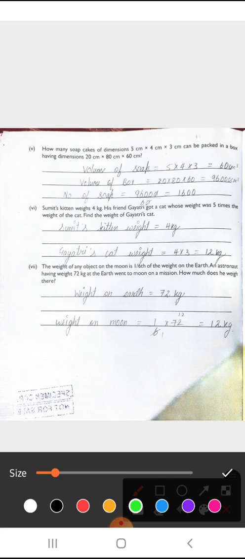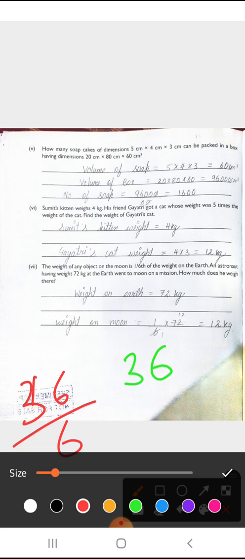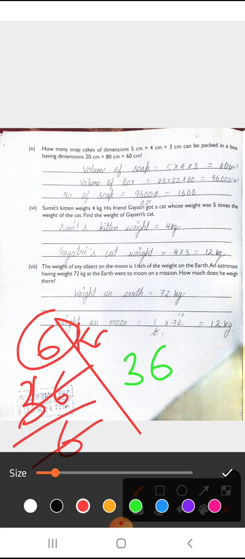If I say my weight is 36, then if I measure my weight on the moon, it will be 36 divided by 6. 6 times 6 is 36, so it will be 6 kg. On the moon my weight will be 6 kg.